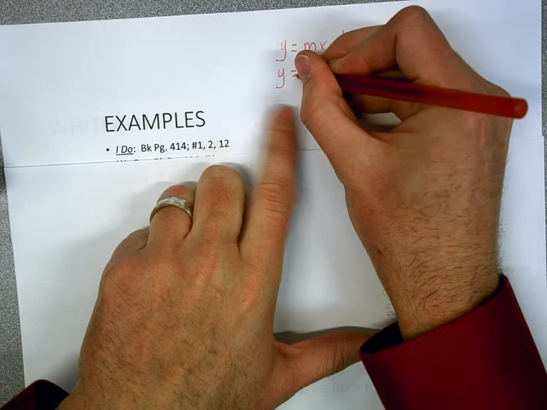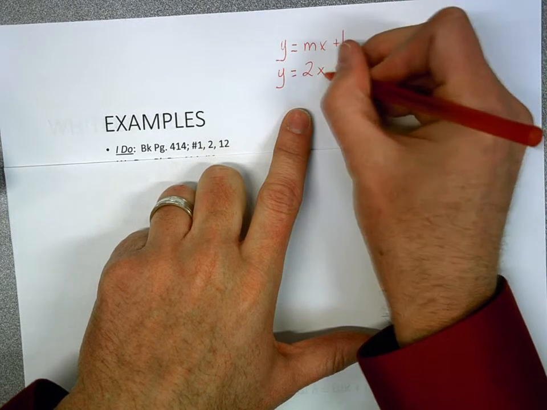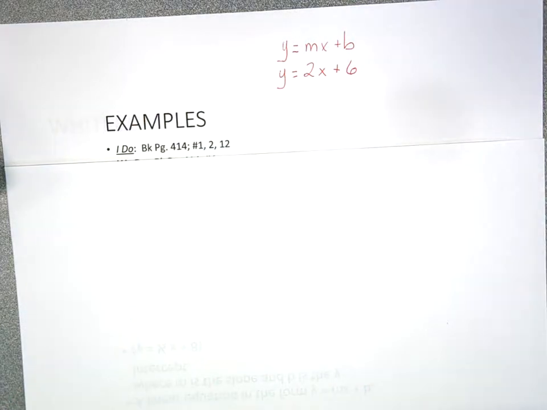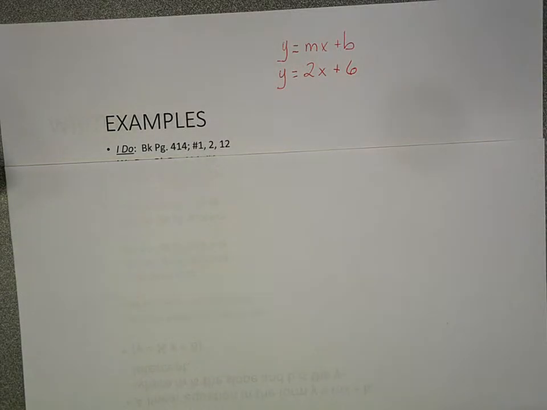Y is equal to 2x plus 6. Now, what the directions are telling us for problem number 1 is state the slope and the y-intercept of the graph of each equation. So they don't want us to graph anything, they don't want us to do ordered pairs, all they want is what's the slope, and they want to know what's the y-intercept.